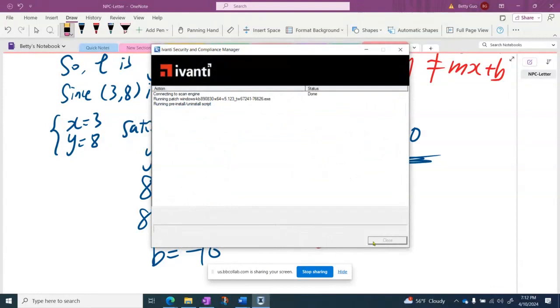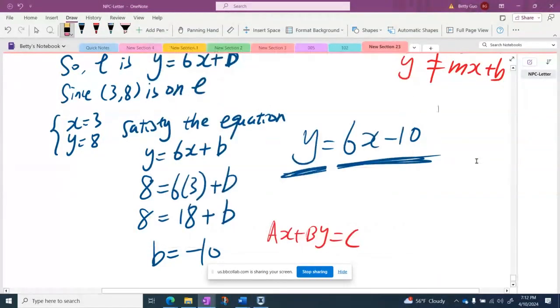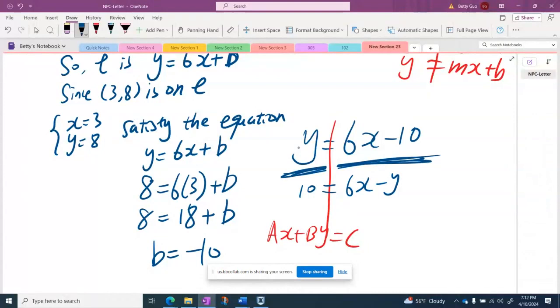Let me get rid of that. We're going to move the y over, move the negative 10 over, and then switch the sides. 6x minus y equals 10.